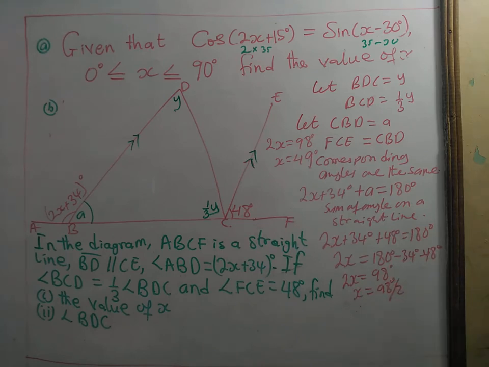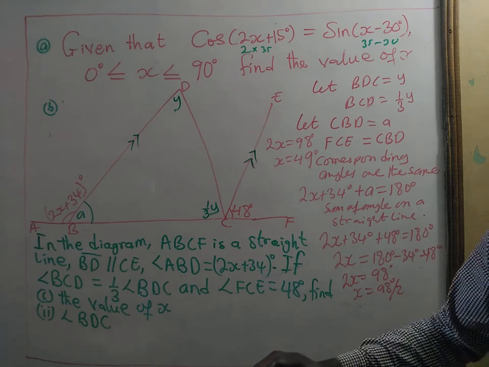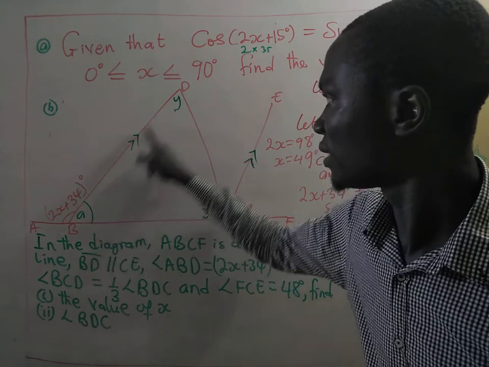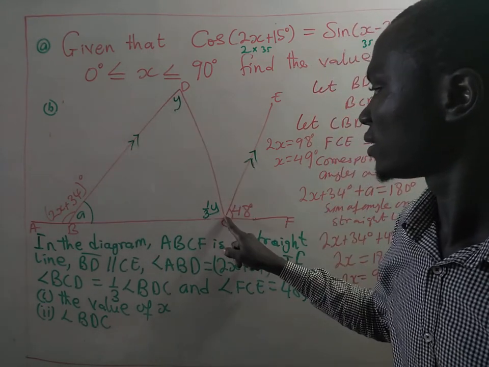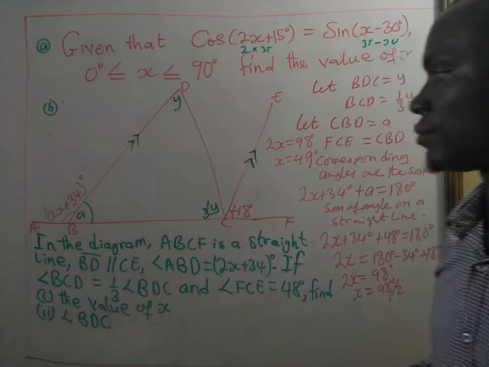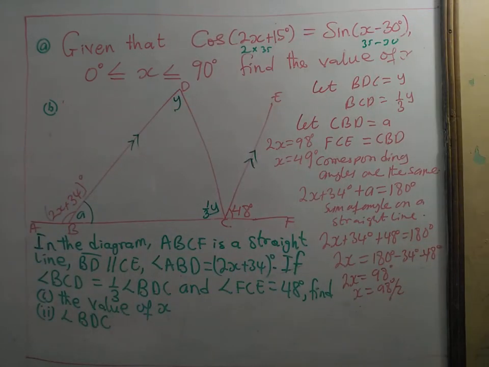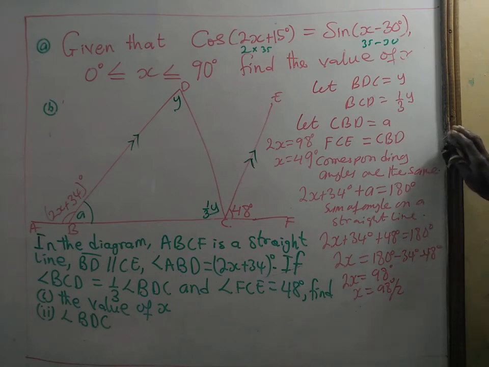Now we've found x. So what again can we do to find our angle BDC? We need this angle. So how do we find that angle? Let's begin this portion.